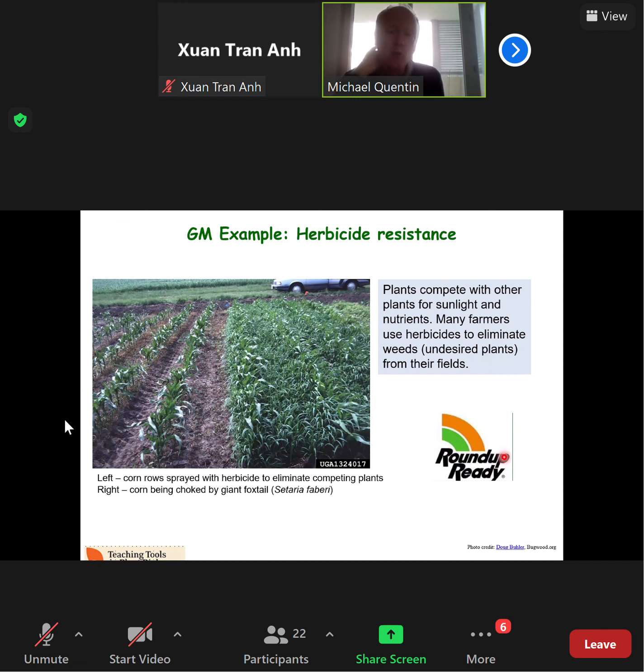The second example is the example of the Roundup Ready plants.